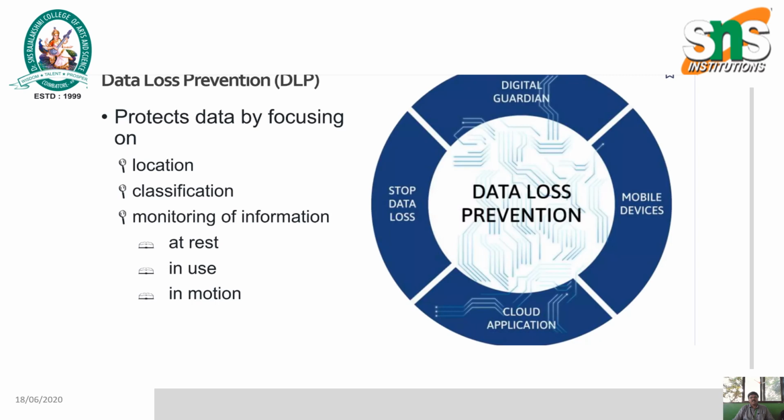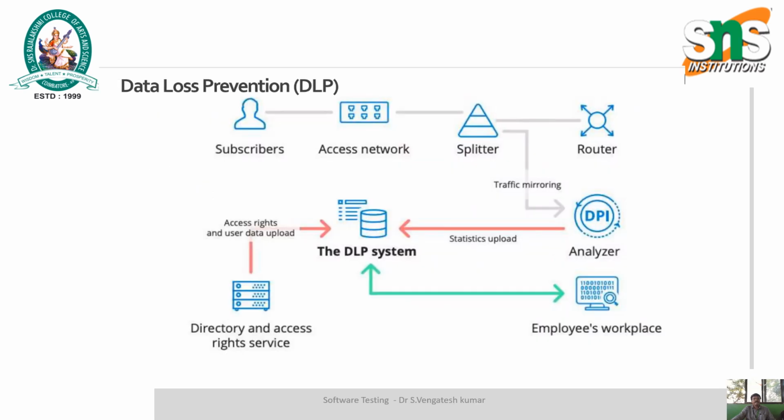And monitoring of information means how we monitor it, in what case it gets monitored, maybe at rest, in use, or in motion, whether we are traveling or whether the data is just to be run or whether it has to be classified.